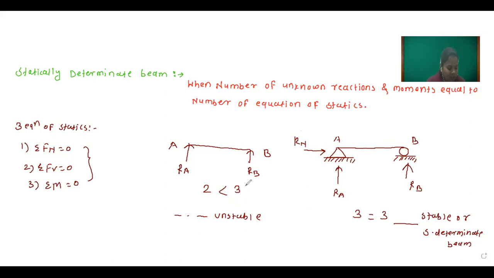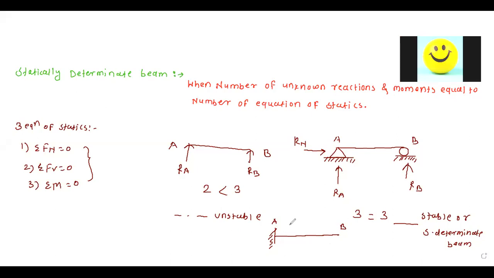Then we will see the next example. Now you tell me, here how many reactions and moments are there? Suppose this is point A and this is point B. Three.